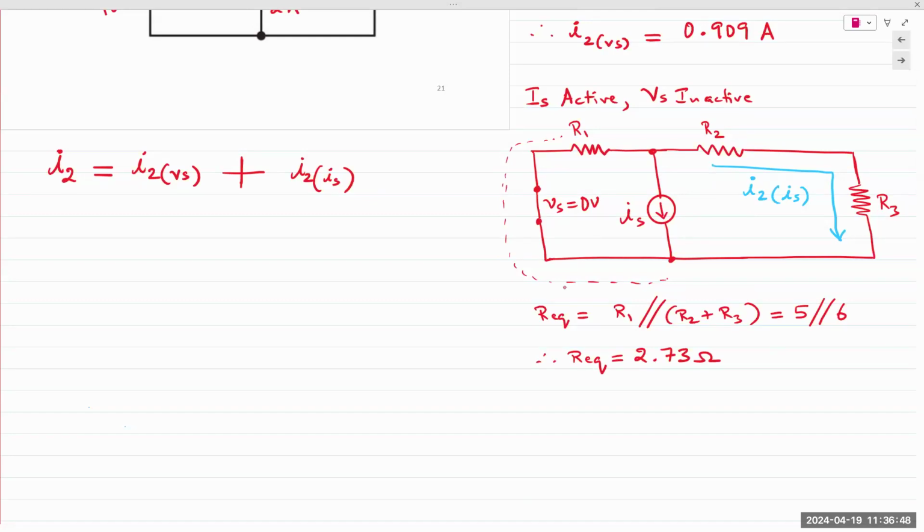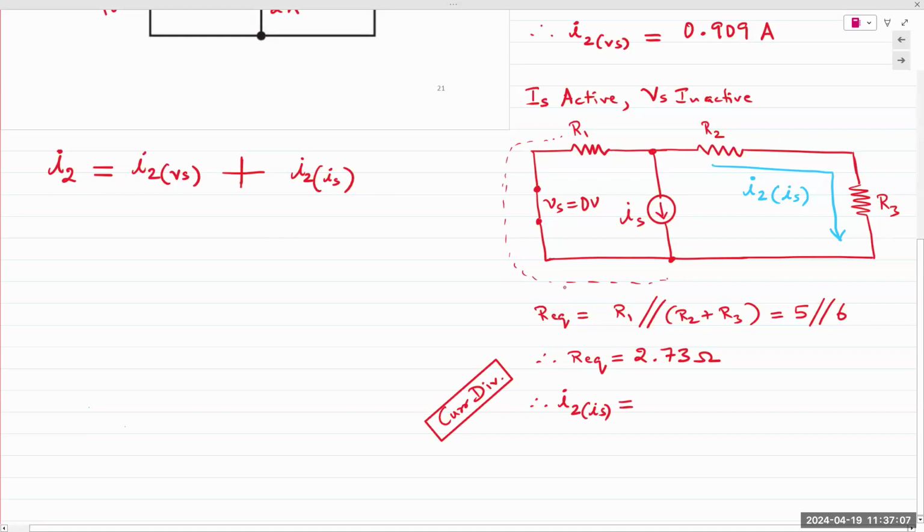Apply current division. I can find Is times Req divided by R2 plus R3.